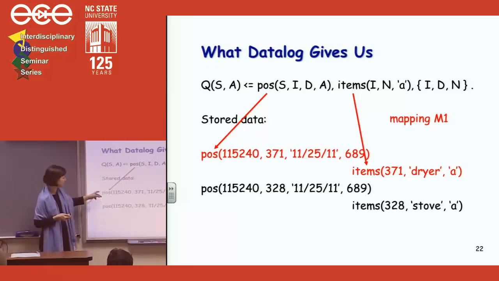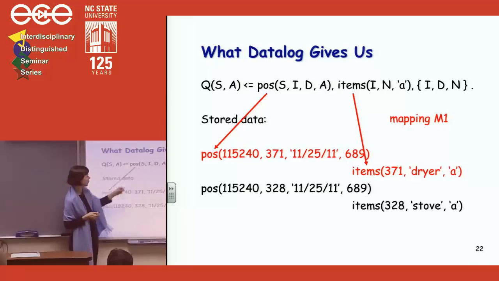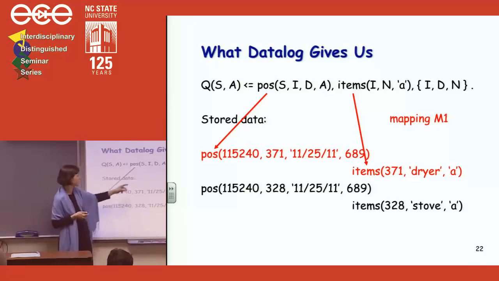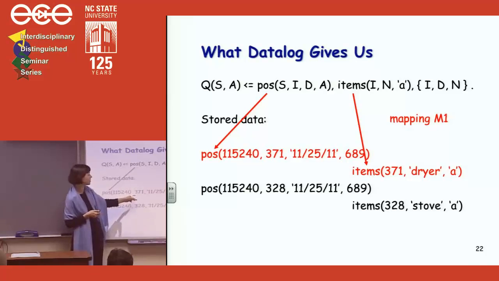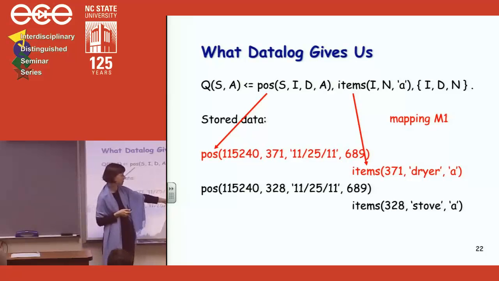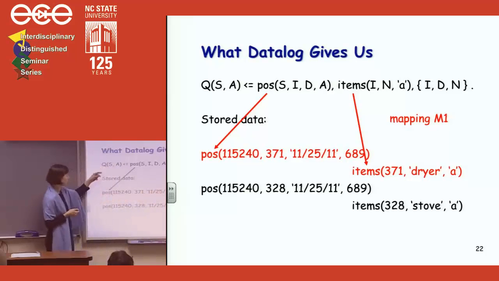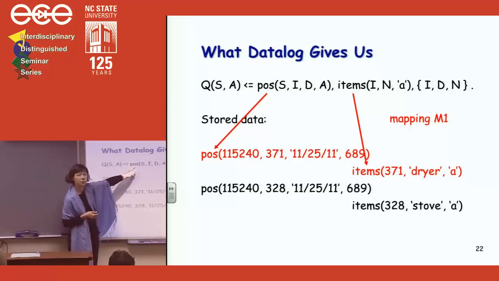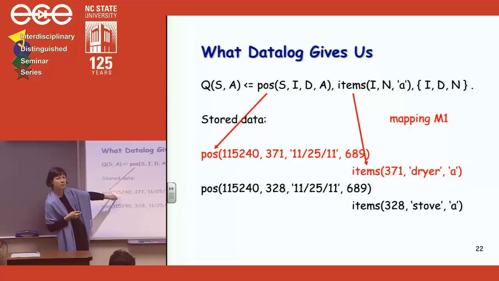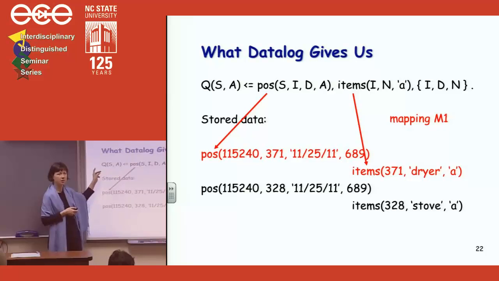So we say that if the stored data has an atom with this point of sale name, and it instantiates the value of store ID to this, it instantiates the value of item ID to this, and the same item ID can be mapped to a row of the items table, then this query produces the answer that takes this store ID, paired with the amount. That's how, in Datalog, we produce answers to queries. Does it make sense at all? So that's a matching pair of 2 rows from the tables.